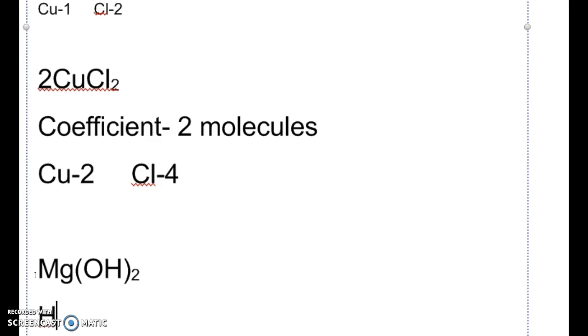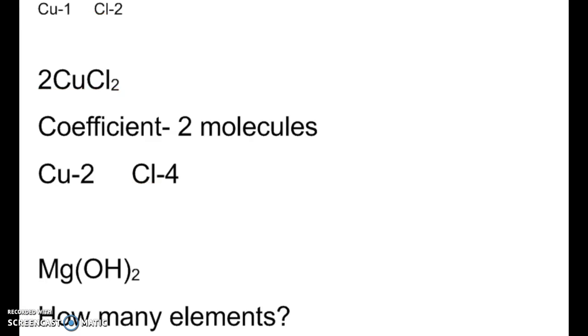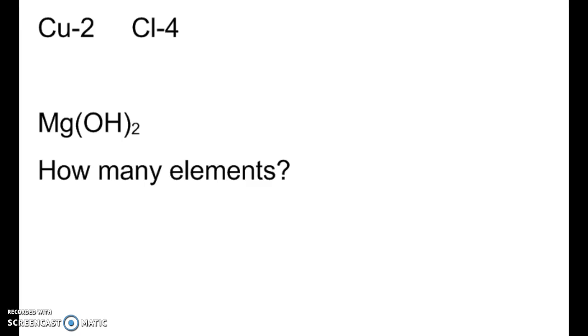If I ask you how many elements, then right now on your paper, write down how many elements you think I would have. You can pause me so there's not an awkward silence here.